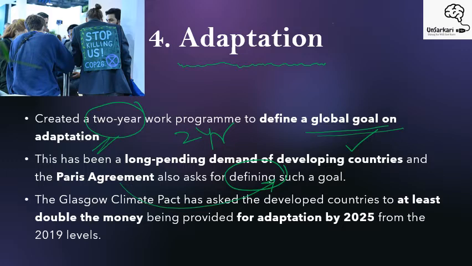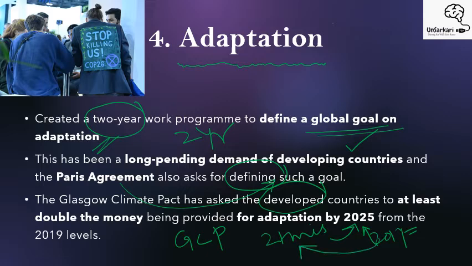The Glasgow Climate Pact has asked developed countries to at least double the money being provided for adaptation by 2025. So from the 2019 level to 2025, money should be at least two times. Even I can say this is also less, but that's how the situation and position is right now.